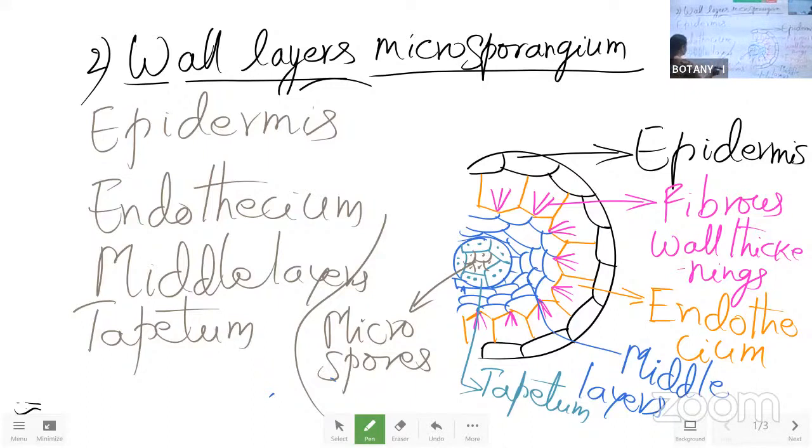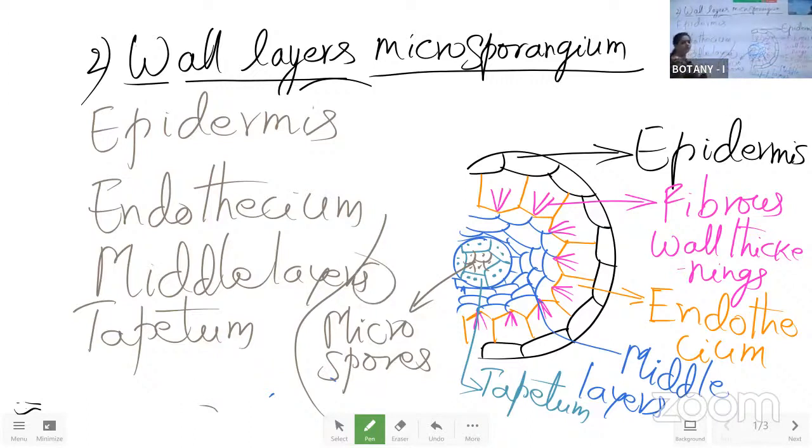Now, the third wall layer, that is the middle layers. Here we have to say it as layers, not layer. Middle layers, plural. Grammar is also considered here. If you write middle layer and say they are 2 to 7 in number, then we won't accept it. We can cut the marks to half, to 1 mark only, for the S letter over there. That much important is the S letter.